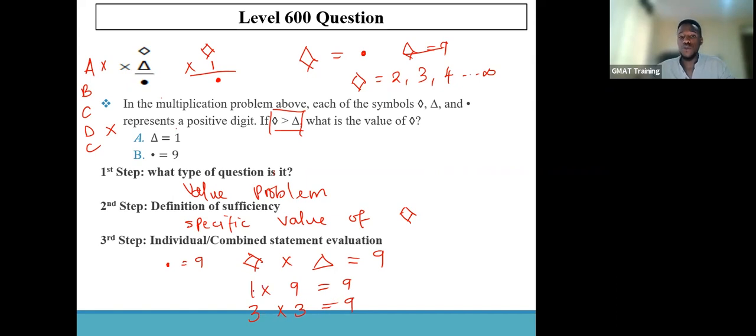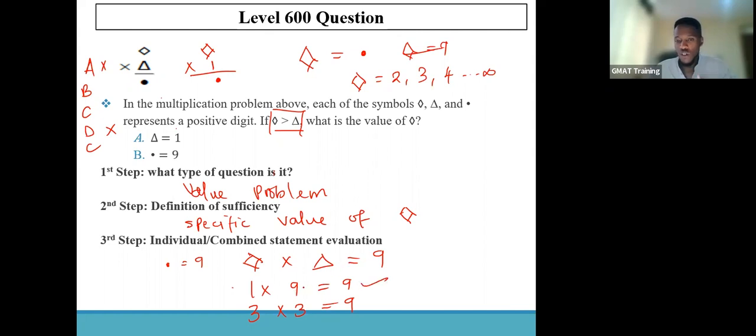And remember that we have to look at the question stem. It specifies a condition that this symbol must be greater than the other one. So the only case where one symbol is greater than the other is this case only, which means we have just one combination.